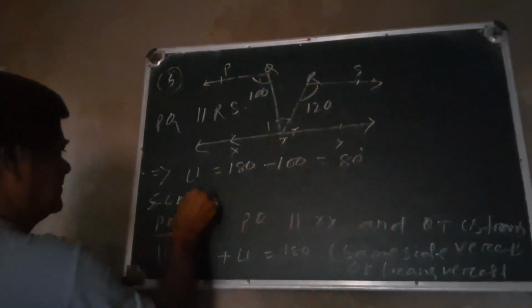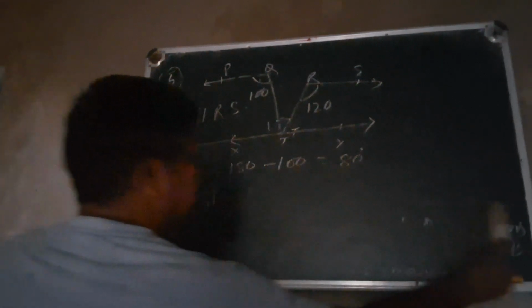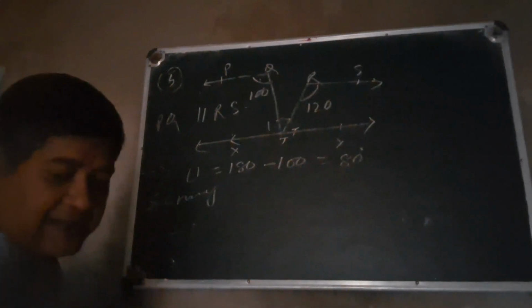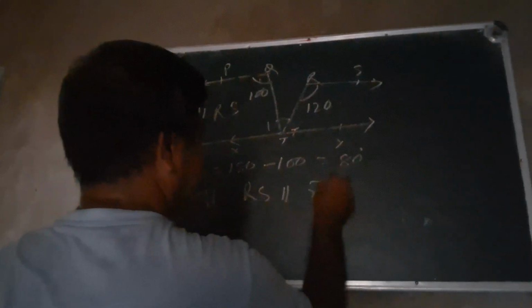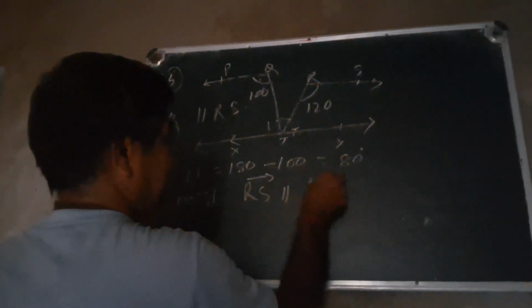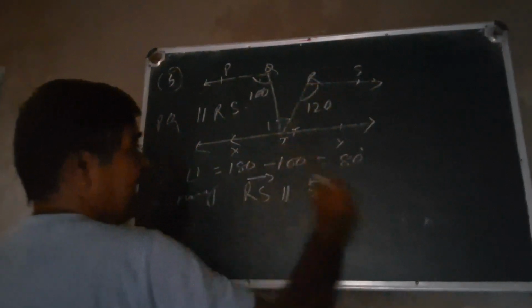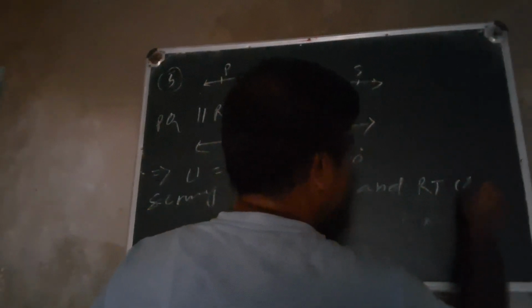Similarly, RS is parallel to XY, and RT is the transversal.